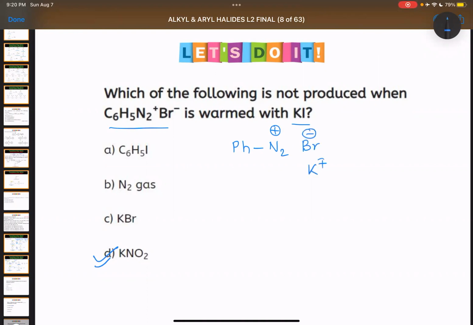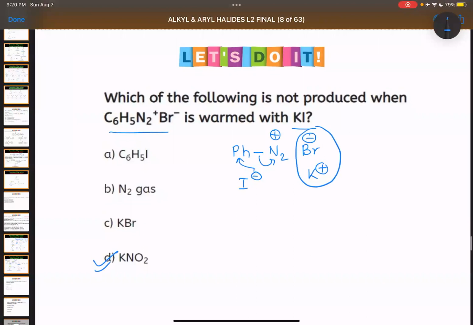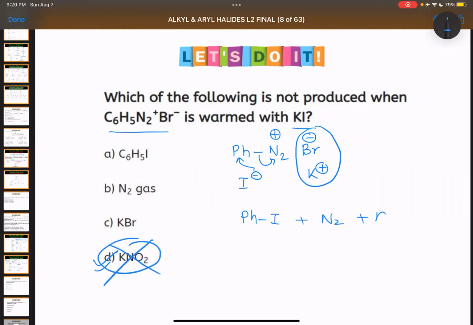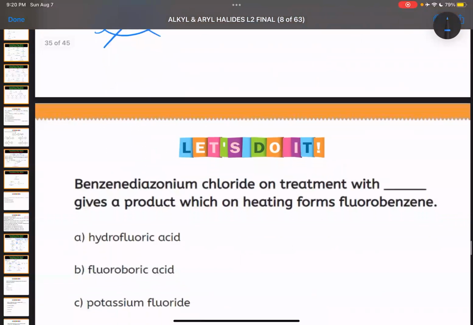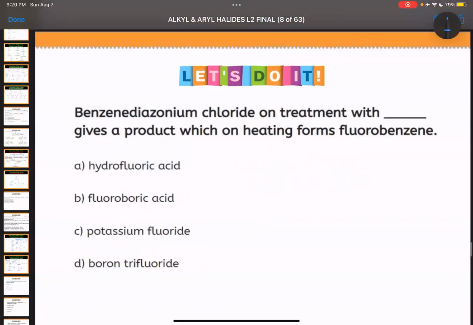K plus will form salt with Br minus. N2 will come out, and whatever KI you have taken, that I minus is going to come and join itself to the benzene ring. So PhI plus N2 plus KBr. This you can't get. Okay, right. What about this one?